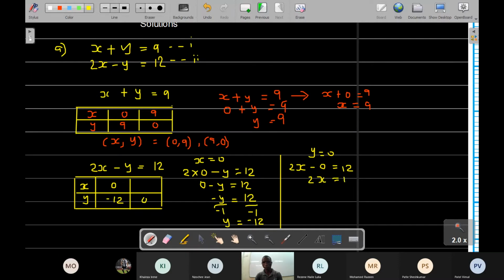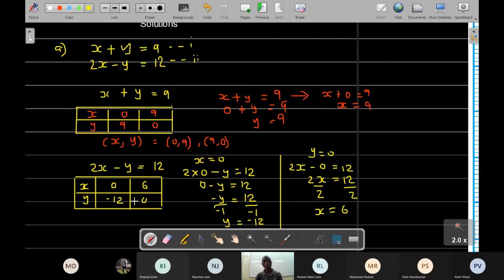So we divide both sides by 2. 2 by 2 goes, so we remain with x this side, and x will be equal to 6. That's 12 divided by 2, we get 6.